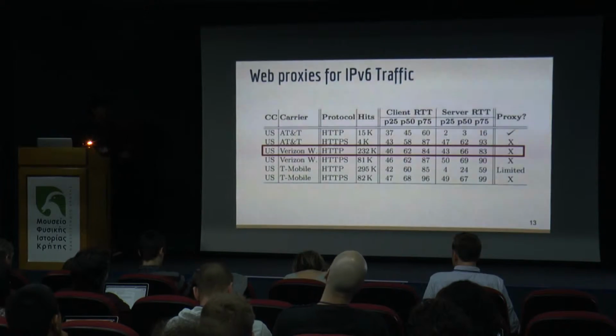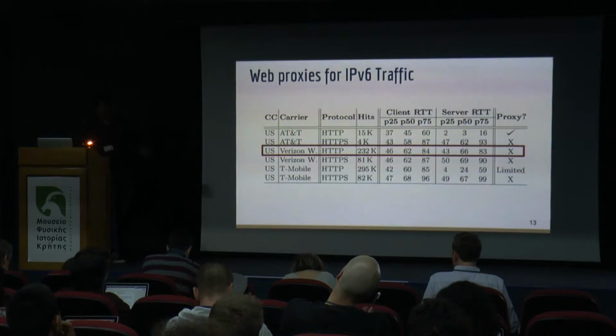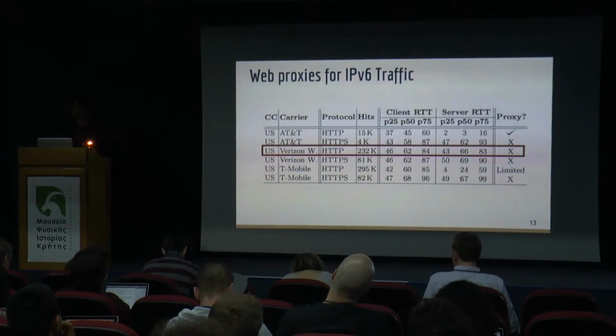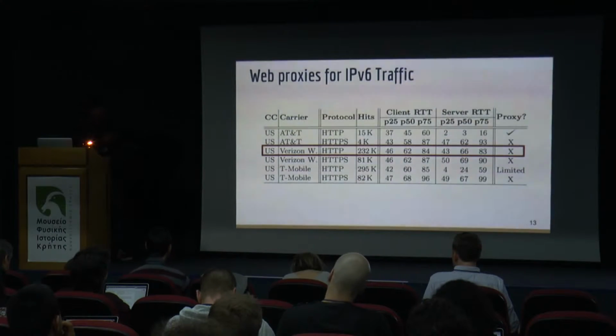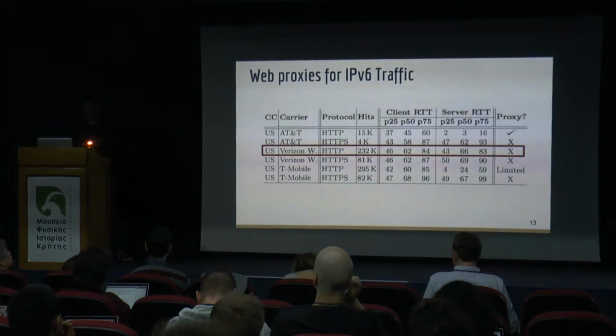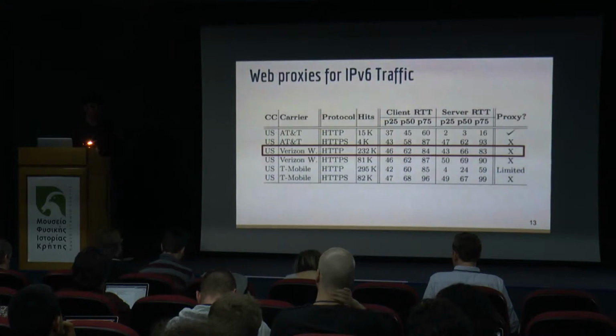Whereas in the case of IPv6, they do not have a proxy because server-side latency is very similar to client-side latency. So latency-based techniques could be used to monitor how, when, and in which scenarios a proxy is being used by different cellular carriers.